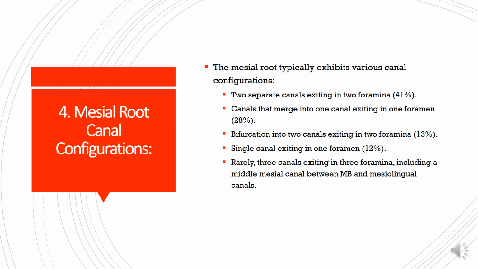Coming to the mesial root canal configurations, the mesial root typically exhibits various canal configurations like 2 separate canals exiting in 2 foramina, seen in 41% of cases, canals that merge into 1 canal exiting in 1 foramen, seen in 28% of cases, bifurcation into 2 canals exiting in 2 foramina, seen in 13% of cases, and single canal exiting in 1 foramen, seen in 12% of cases.